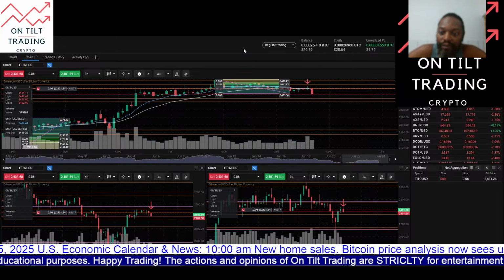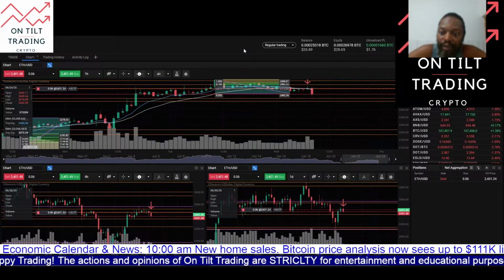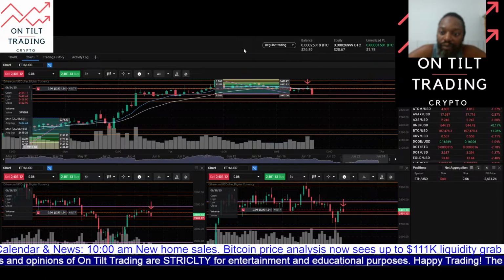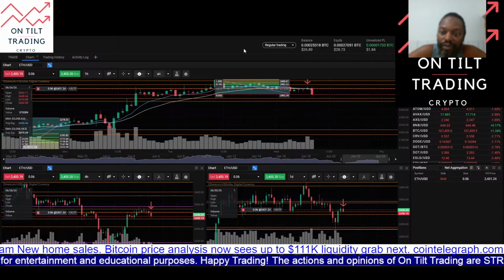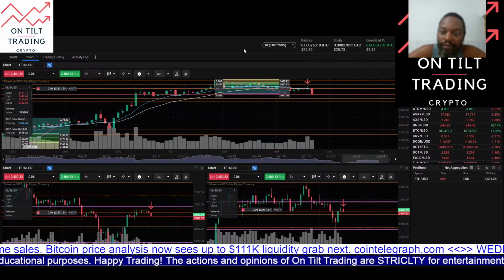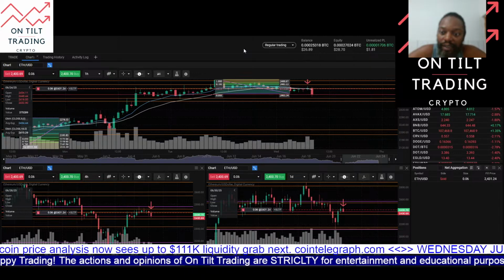More sell side delivery here in Ethereum. Price at the 2401 level. Now the 2400 level. Price still being delivered to the sell side with some consolidation.